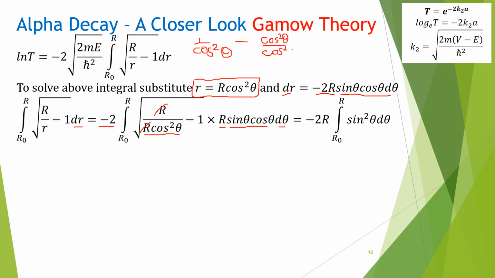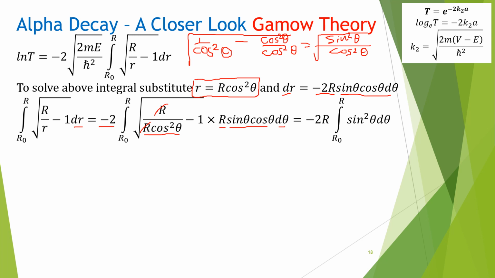Now the denominator is cos square theta, and 1 minus cos square theta is sin square theta, divided by cos square theta. Actually this quantity is under root, so we are left with sin theta upon cos theta.